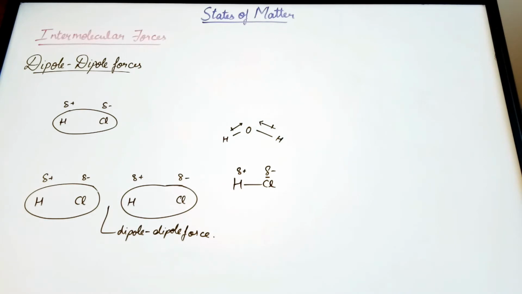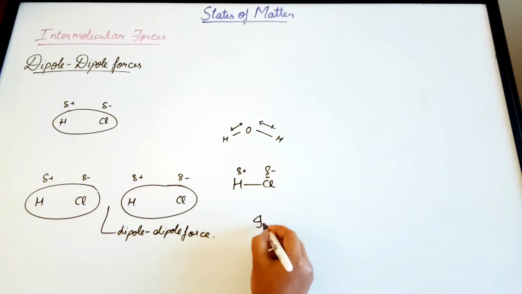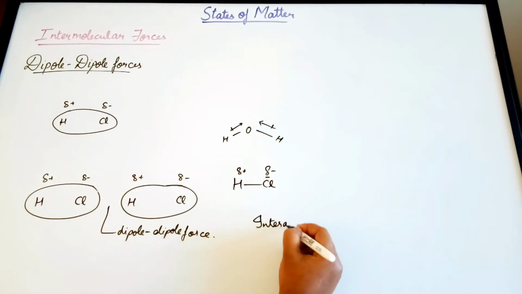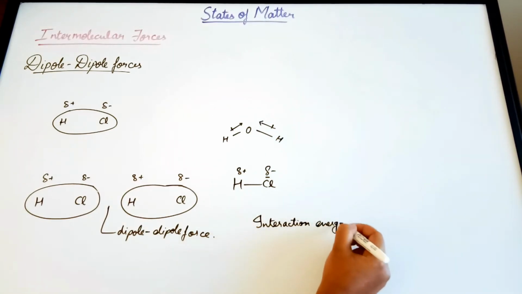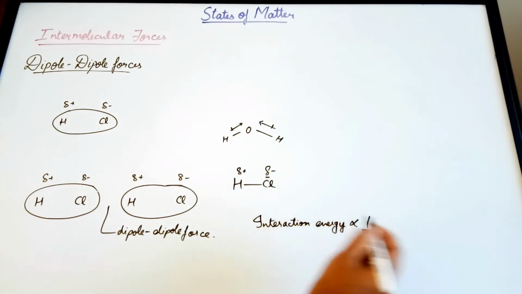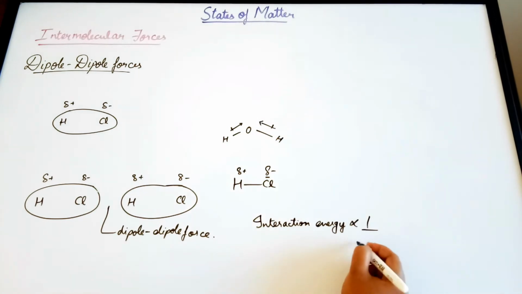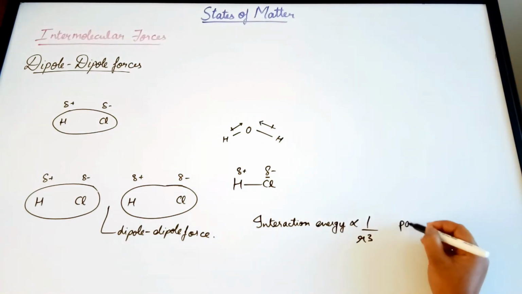So similarly here, the interaction energy between stationary polar molecules, so if it is in the solid state, is going to be inversely proportional to r to the power 3. Okay, this is in solid because the polar molecules are stationary.